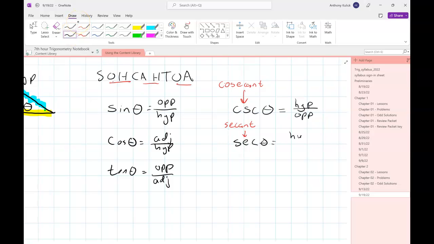Which is hypotenuse over adjacent. And the last one we call cotangent. Which is adjacent over opposite.